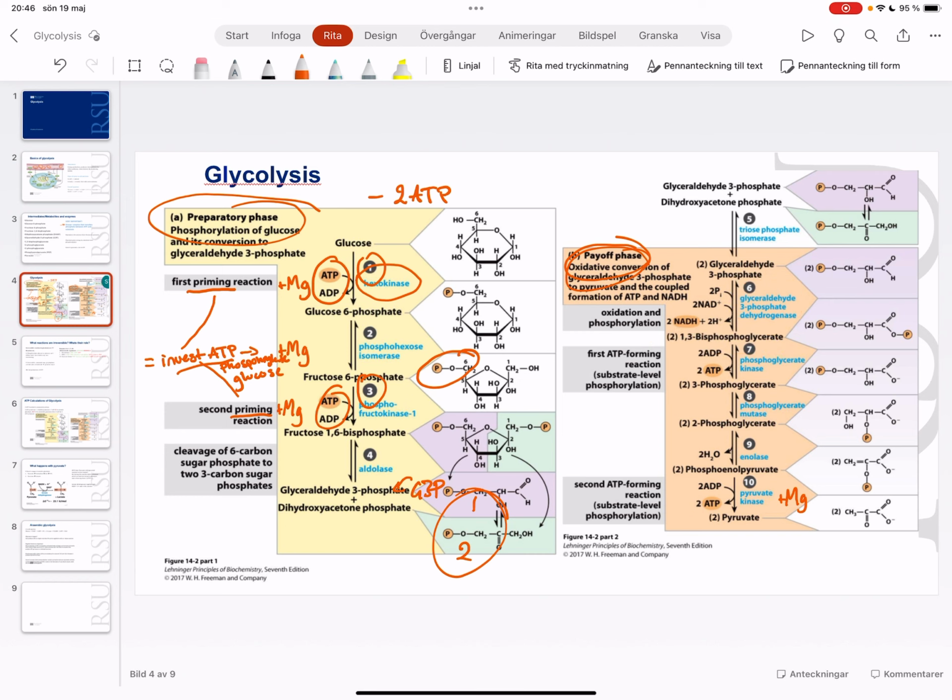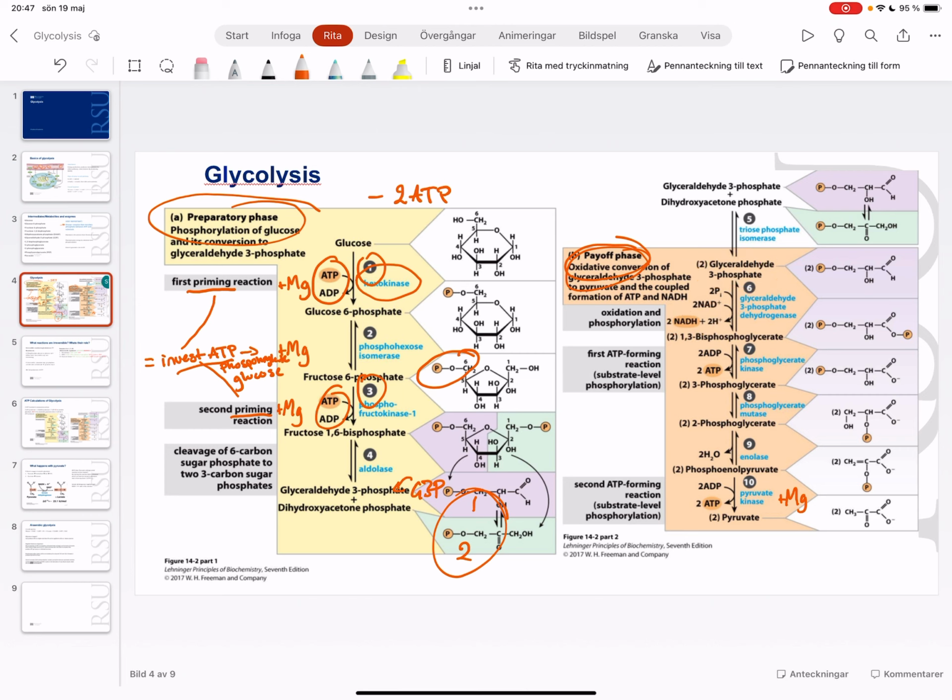And this is really important. I want you to remember that in step number 6, in glycolysis, we have to have NAD+. We have to have it because NAD+ is the molecule that will accept 2 hydrogens from glyceraldehyde 3-phosphate. So it will take a hydrogen and become NADH.